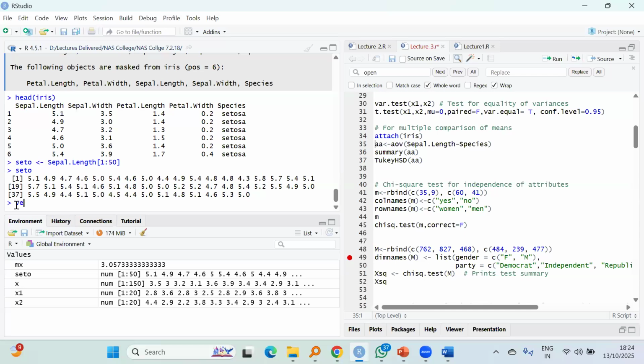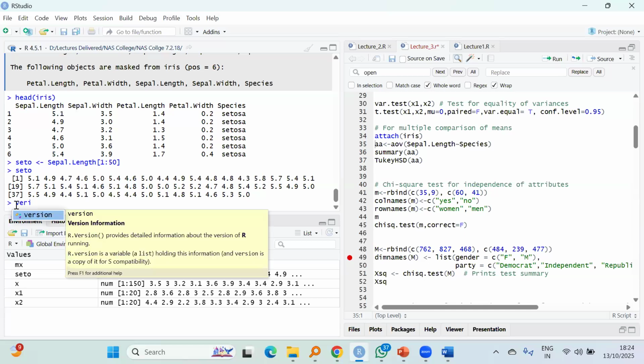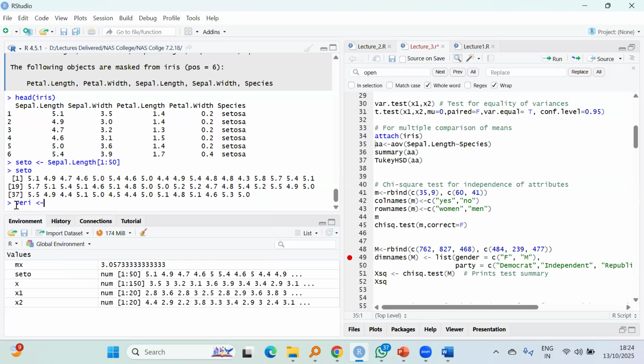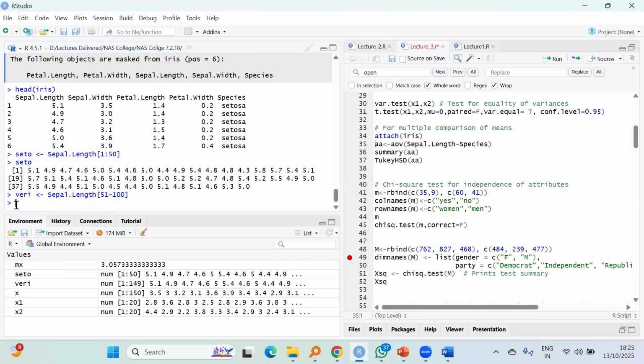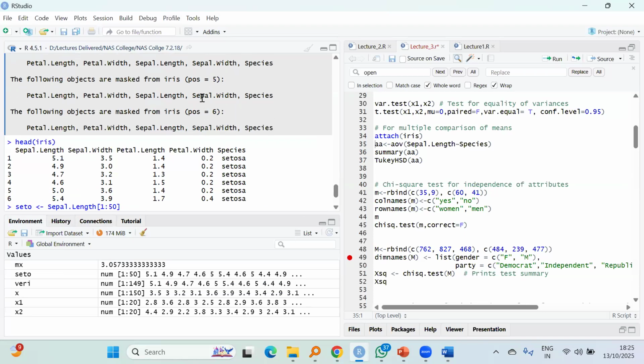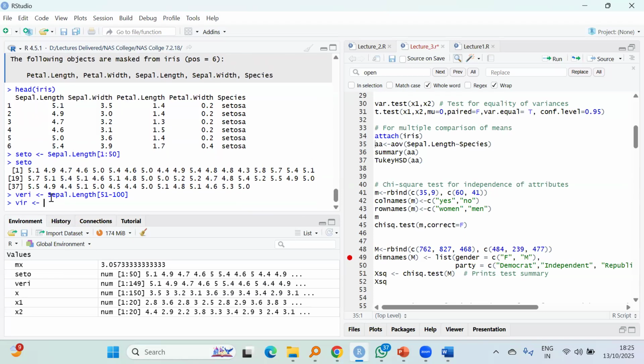For versicolor, the sepal length, how many? 51 to 100. Virginica, that is sepal length, 101 to 150.